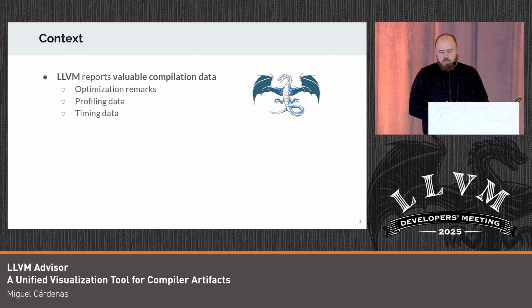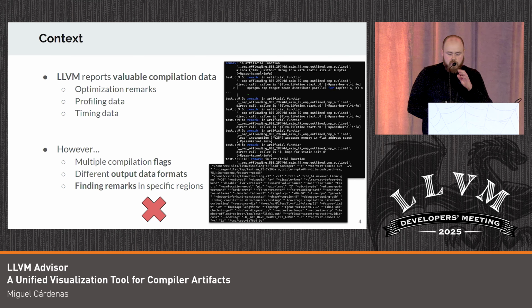So basically, you already know that LLVM reports a high amount of available compilation data. We can get optimization remarks, profiling, timing, and also diagnostics. But the problem comes when we have multiple compilation flags to enable all this data to be reported, and the output files that we get are different.